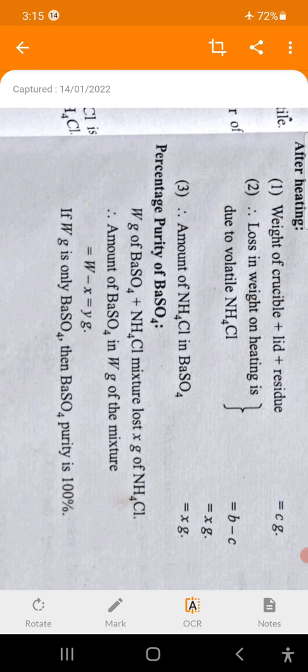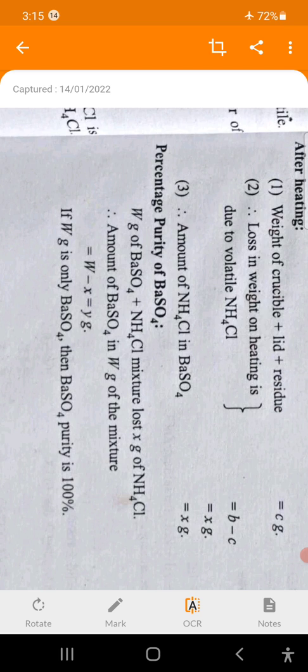Then that W gram of mixture loses X gram of NH4Cl. W is the weight of mixture you have taken, from 0.8 gram to 1.0 gram.